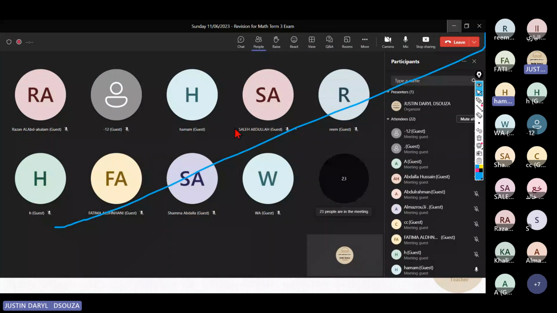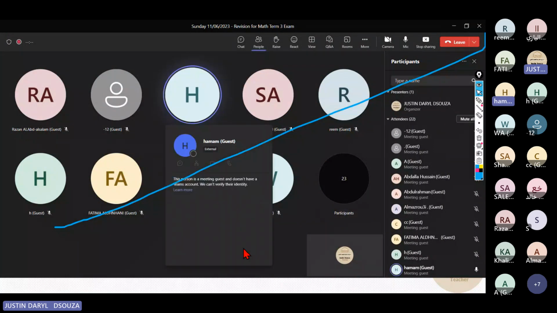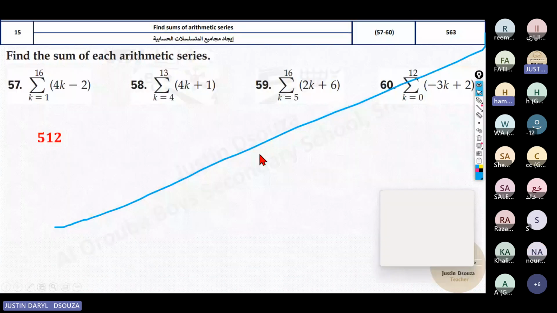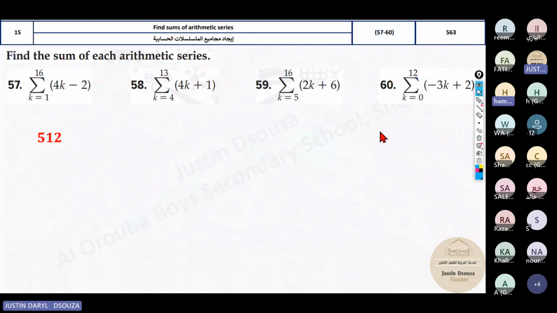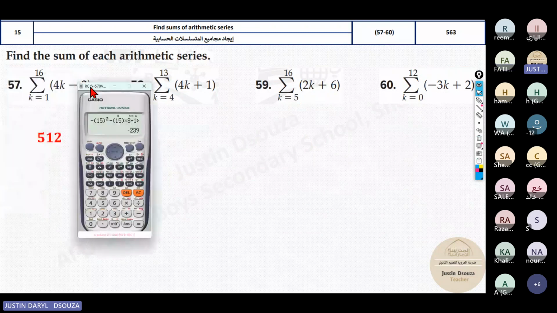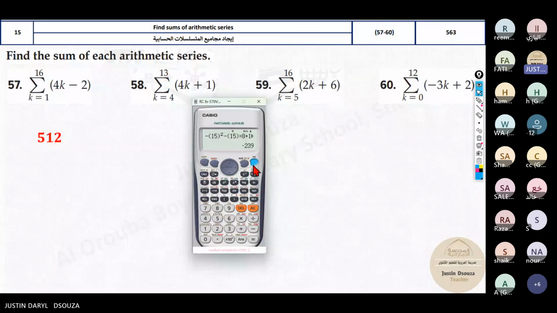In infinite series and sigma notation, what if we have infinity at the top? How do we solve it? It's very simple. Can you tell me what is infinity? What do you understand by infinity? It never ends.